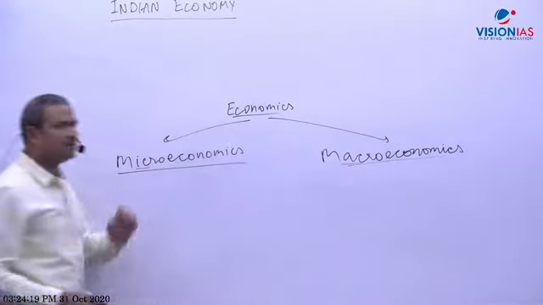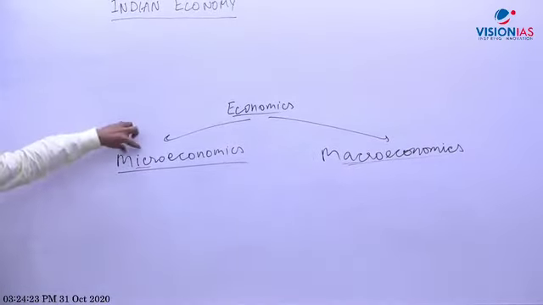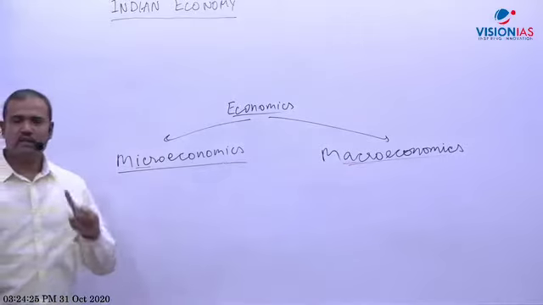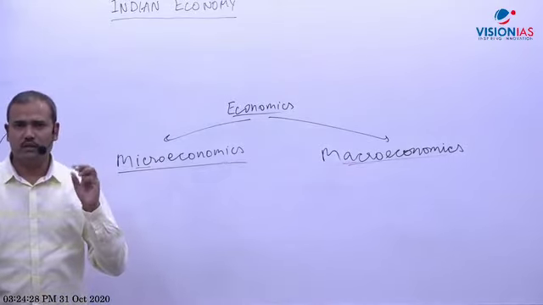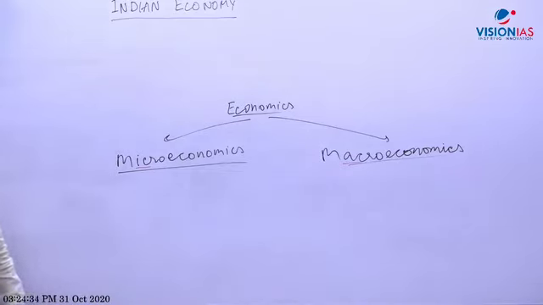What we study in microeconomics, we cannot say small units. Micro means small, but it does not mean that we study small units. We study one unit, individual units. So write down a simple definition of microeconomics also. It studies behavior of individual economic units.